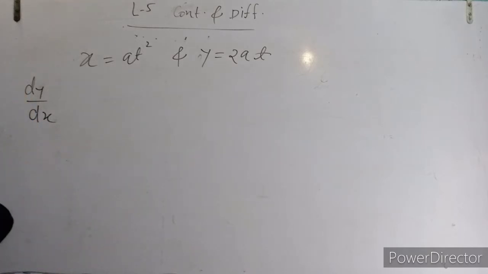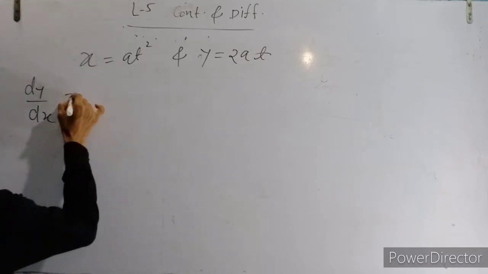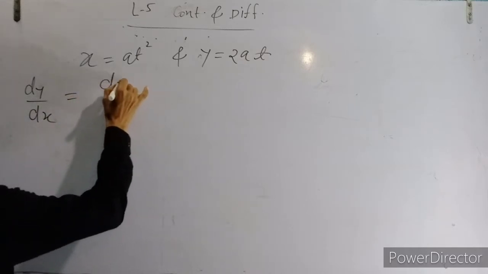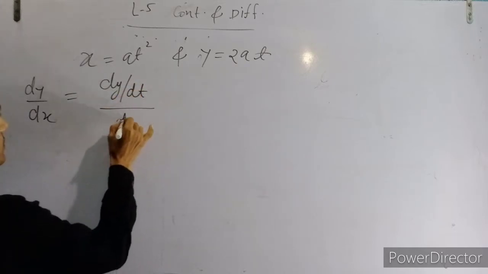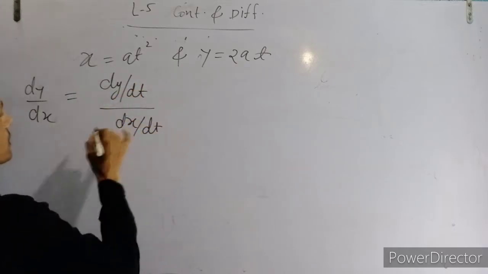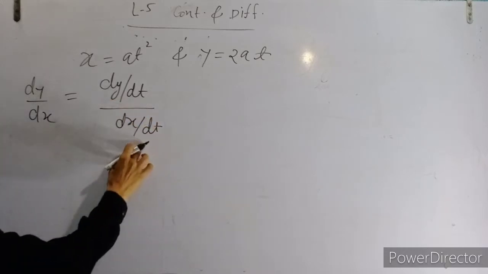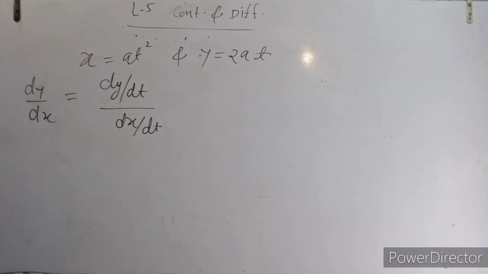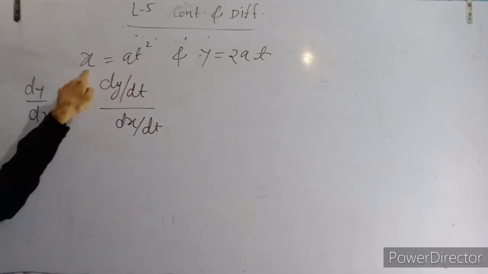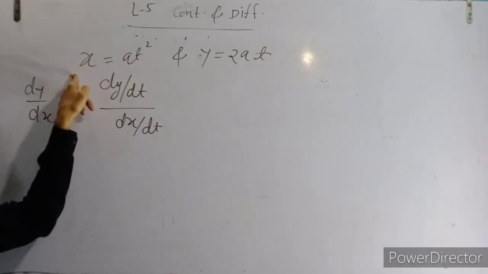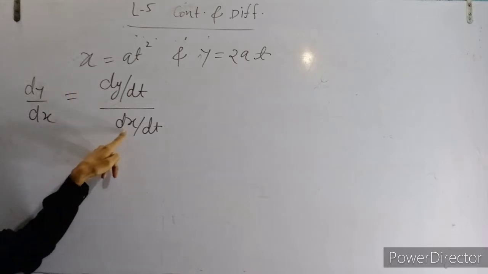How can we find it? First write dy by dx as dy by dt divided by dx by dt. If we differentiate both sides with respect to t, we can find dx by dt.